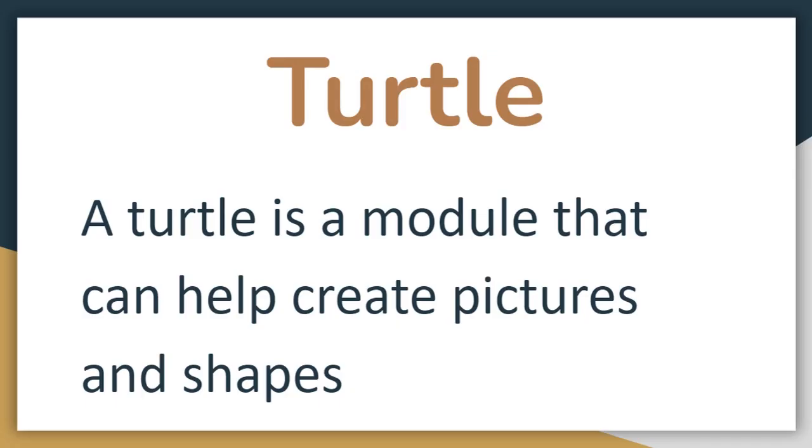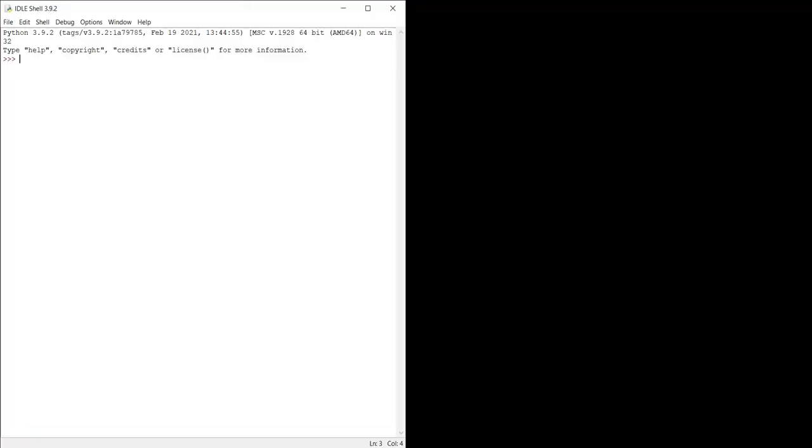Okay, so before we start with a turtle, we have to know what it is. A turtle is a module that can help create pictures and shapes. What we're going to do first is import the turtle. So we type in import turtle, then press enter and nothing's going to happen. Then we have to give a name to our turtle.